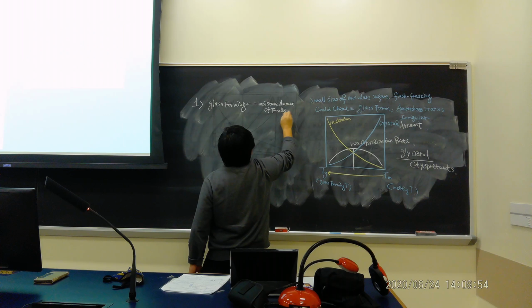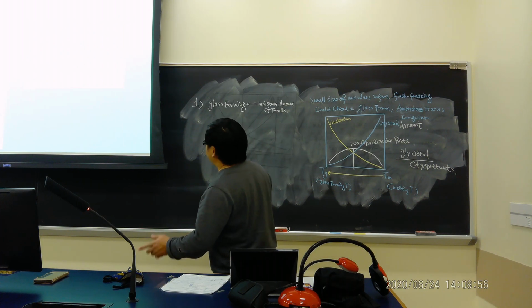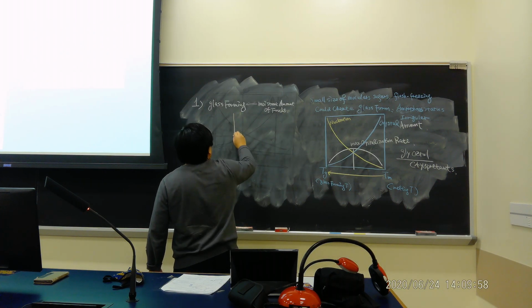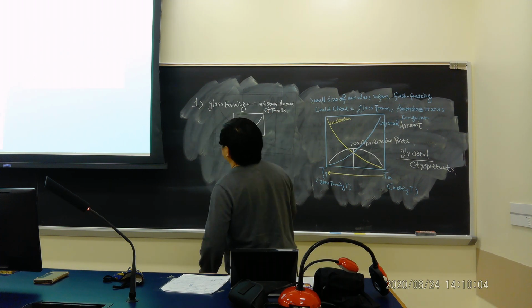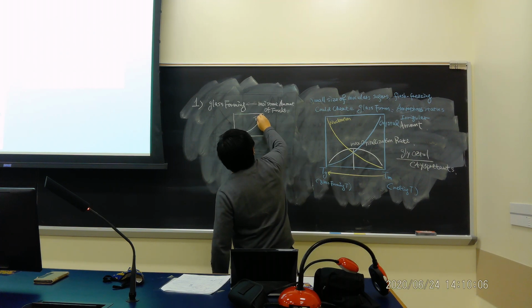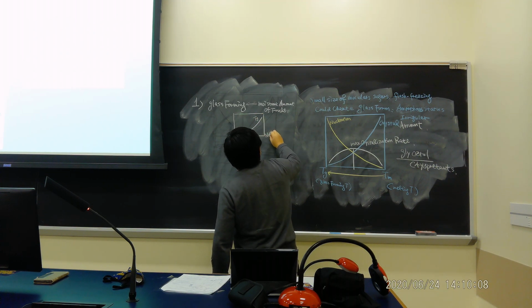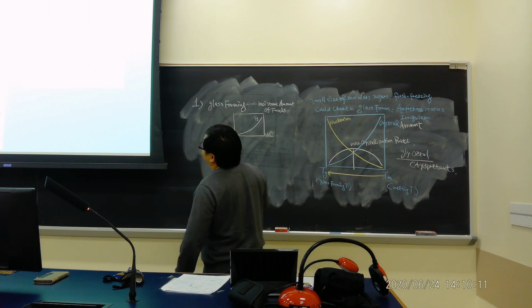Or moisture content. This curve tells you, I'm not going to draw it. Something like that. This is TG. This is the moisture content. And that is temperature.